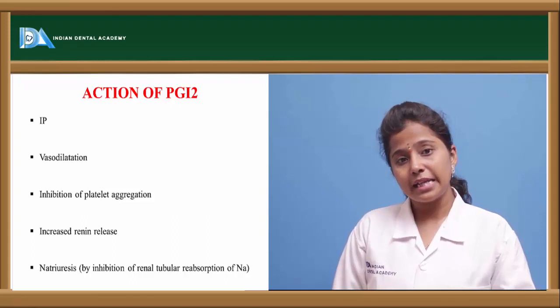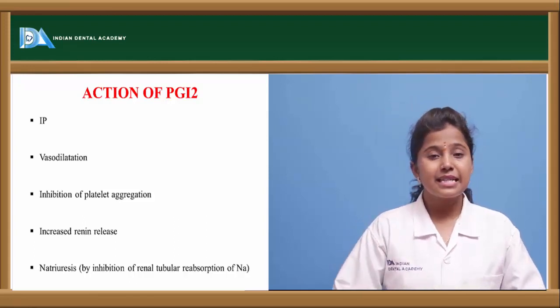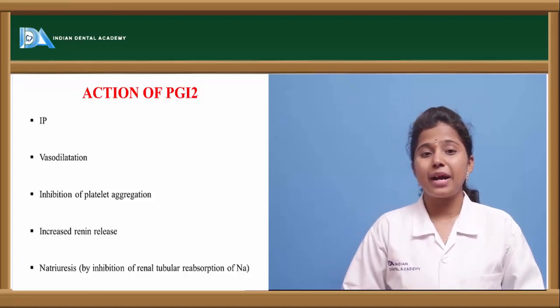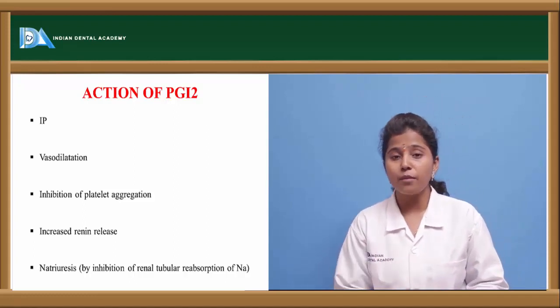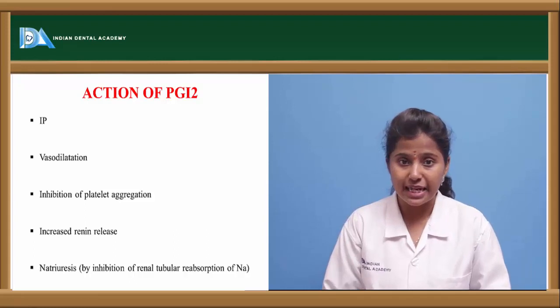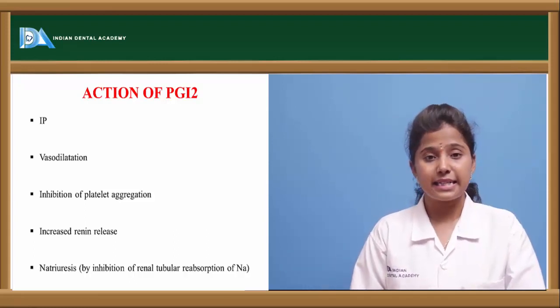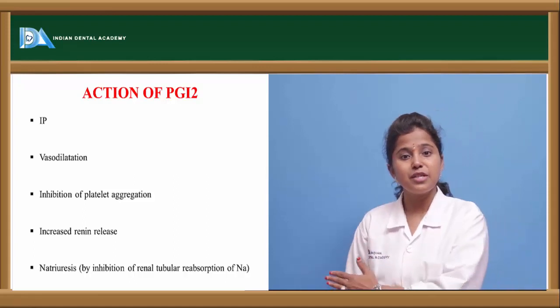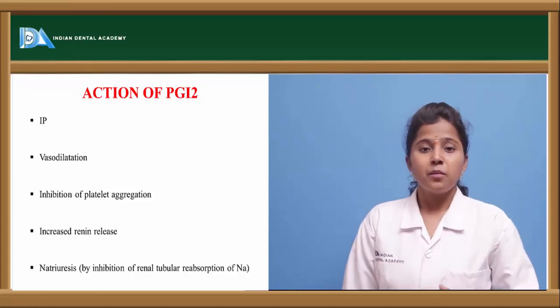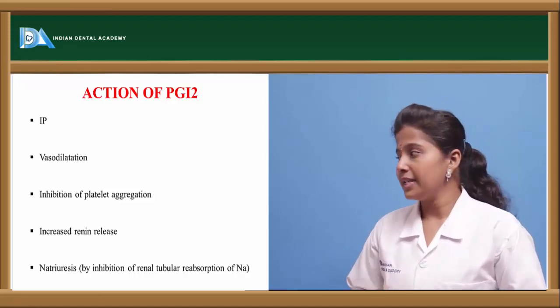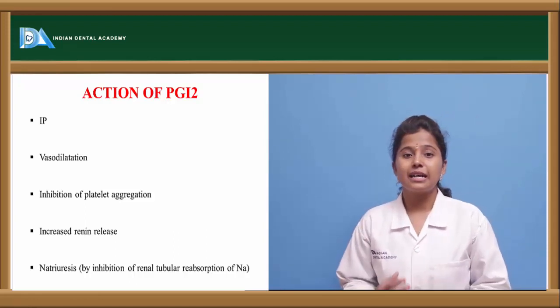A few of the prostaglandins formed by the action of the COX2 enzyme are synthesized in the kidney as well as in the CNS. That is the reason PGI2 is a prostaglandin synthesized in the kidney, and mainly it is responsible for increased renin release.